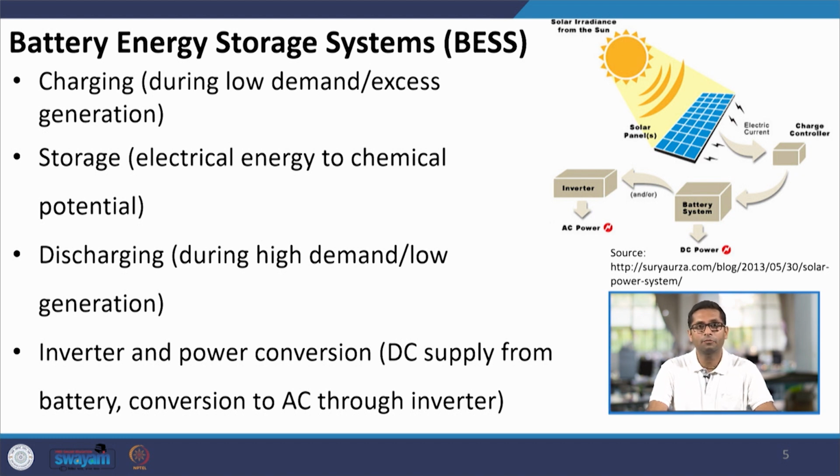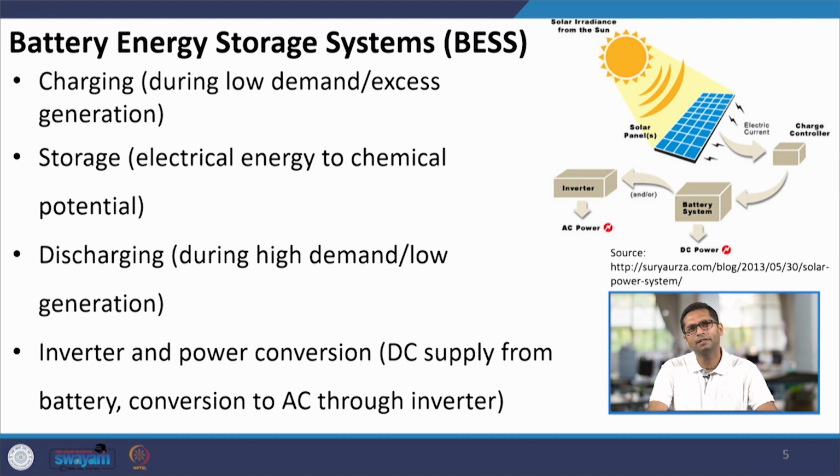You have an electrochemical mode of storage which would store extra electricity in the form of DC current when it is available in large excess, and when you do not have the electricity coming in through the different renewable or variable sources of energy, you might want to use these batteries to make up for the power requirements.